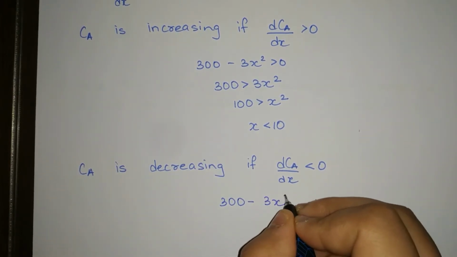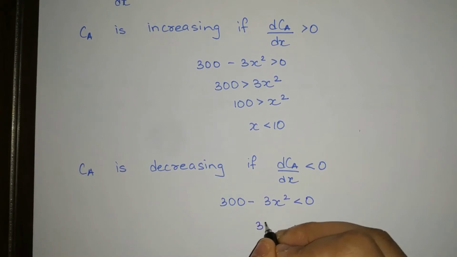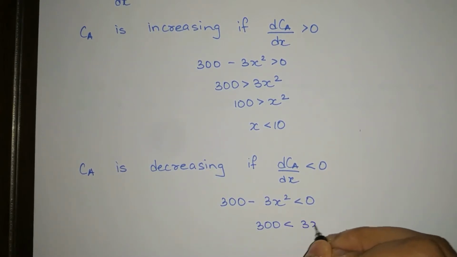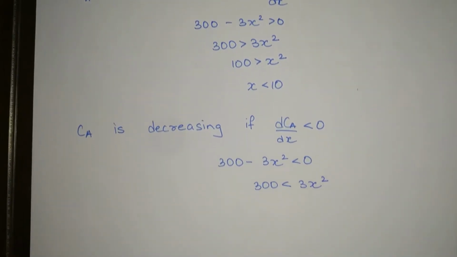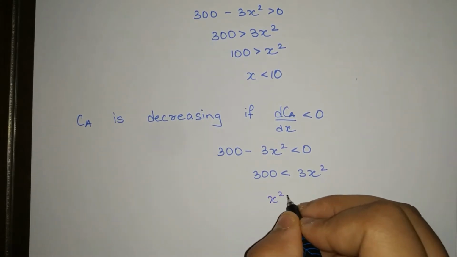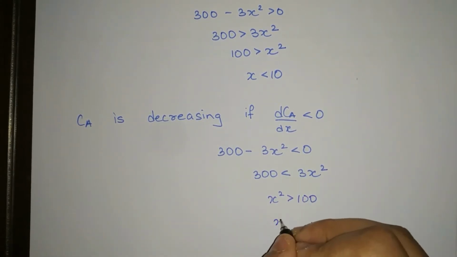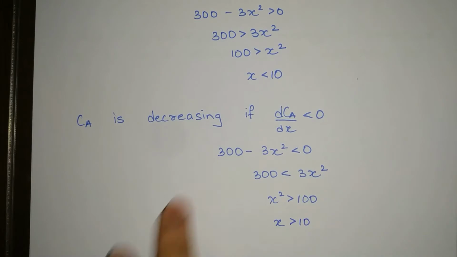So that is when this is lesser than 0. So 300 is lesser than 3x square, and hence x square is greater than 100. That is x is greater than 10. ठीक है. So जब 10 से कम होगा वहाँ पे इंक्रीज होगा, जब 10 से ज़्यादा होगा तब डिक्रीज होगा.